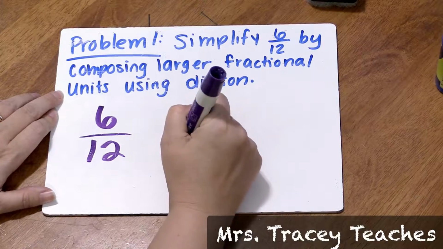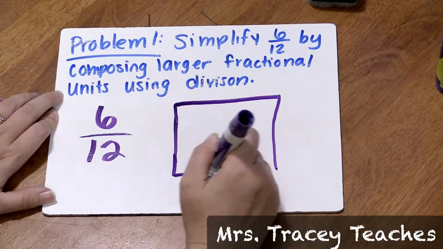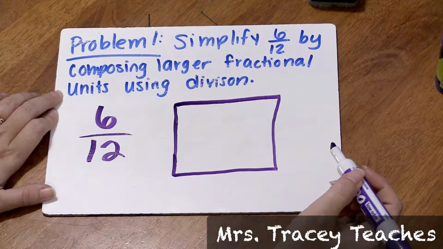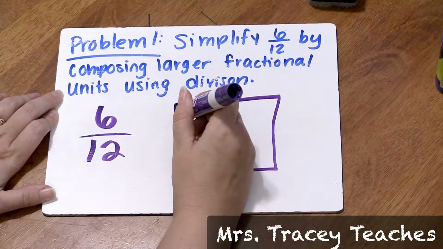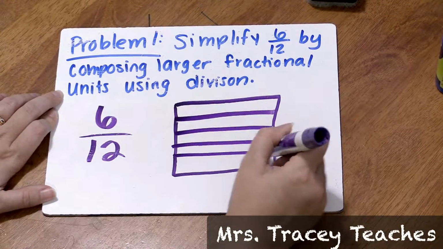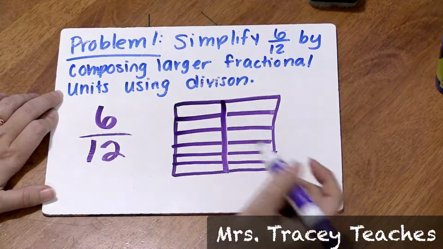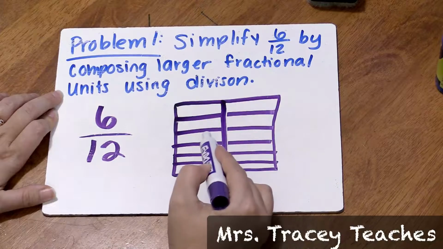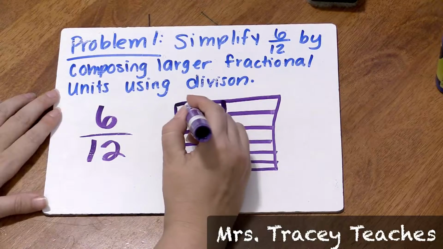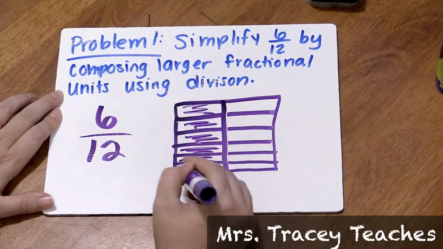I am going to make my first rectangle nice and big because I know that to get 6/12, I'm going to draw 5 lines. 1, 2, 3, 4, 5, and I'm going to draw a line right here because now I have 1, 2, 3, 4, 5, 6, 7, 8, 9, 10, 11, 12. But 6 of them are colored in. So 1, 2, 3, 4, 5, 6.